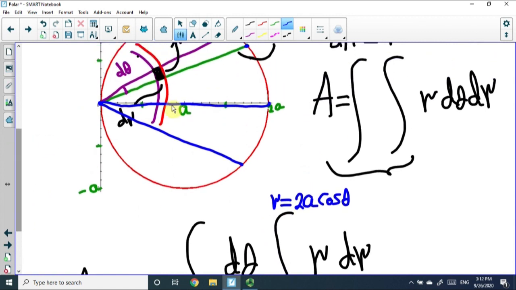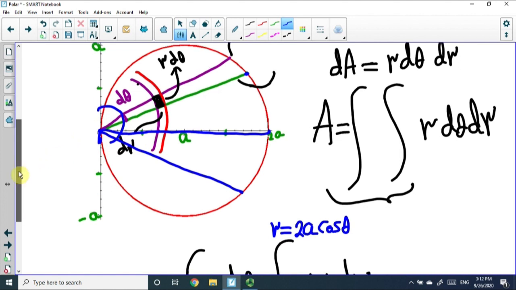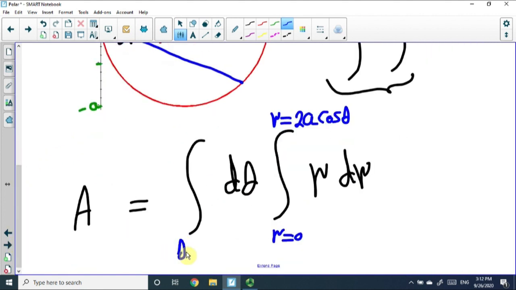Once we finish with r, we're going to now do the integration over theta. And that will be just by sweeping over the whole region. And you can see that we're going to start from the smallest value of theta, and then go up to the largest value of theta. And that's from theta equal negative pi over 2 until we reach pi over 2.